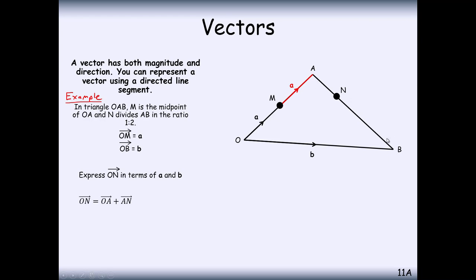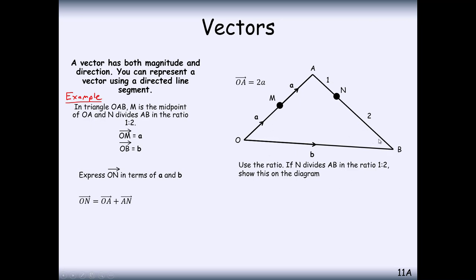But I have no idea in terms of a and b what AB is. So I can work that out. N divides AB in ratio of 1 to 2, so that means AN is 1, NB is 2, so it's a total of 3. So this is a third of the length of AB, and this is 2/3 the length of AB.